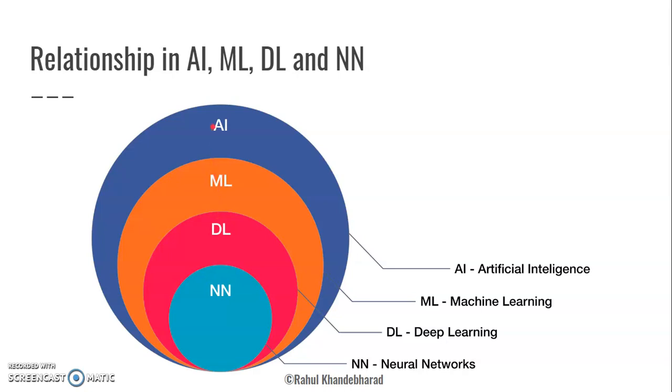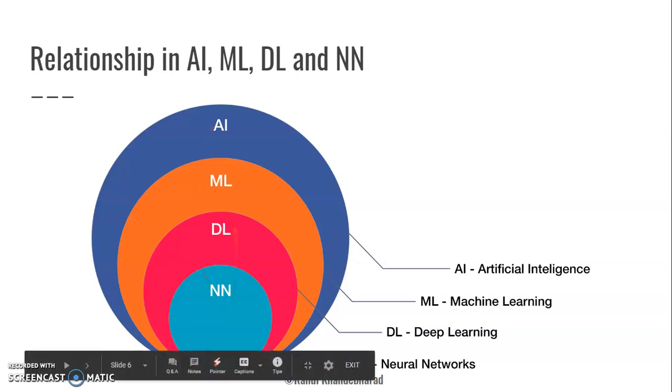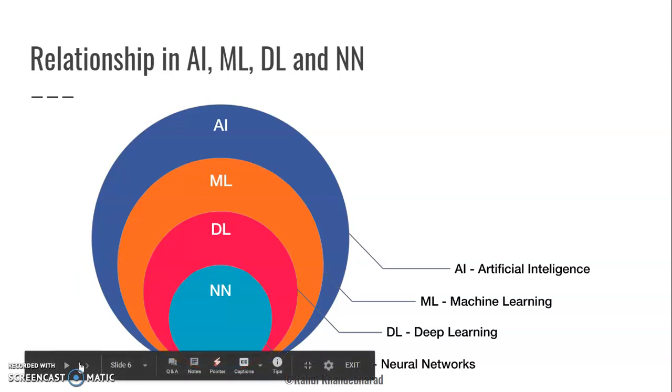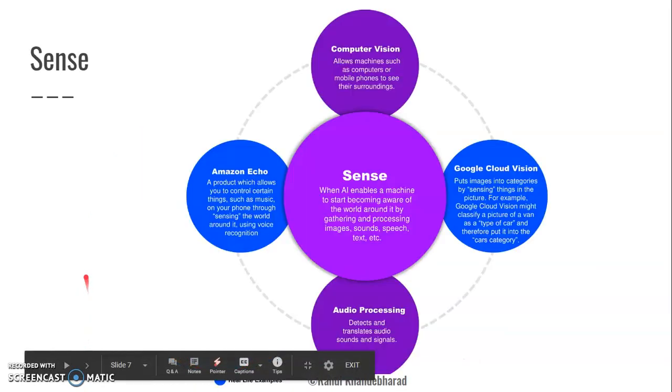So if one technology evolves, all the technologies beneath it will surely evolve because they are all interconnected to each other. AI, ML, DL, and NN cannot exist independently. So now let us move to next.